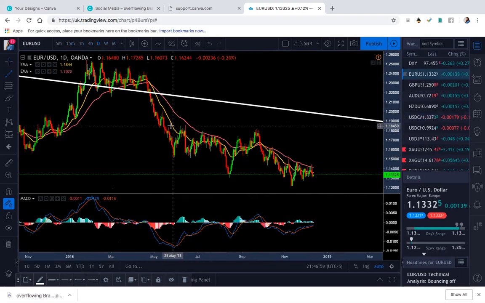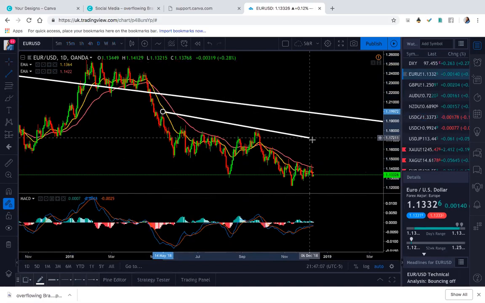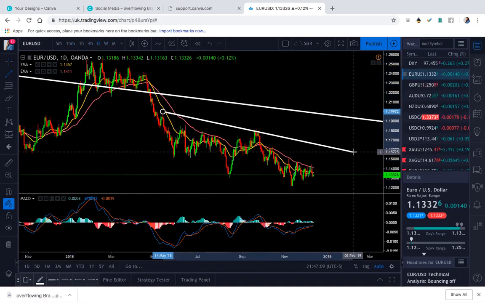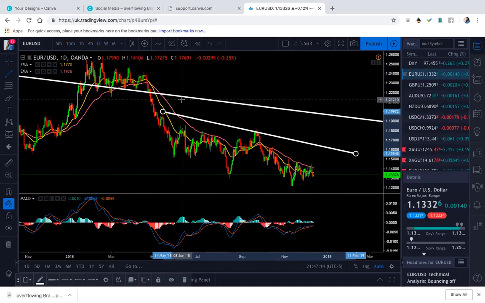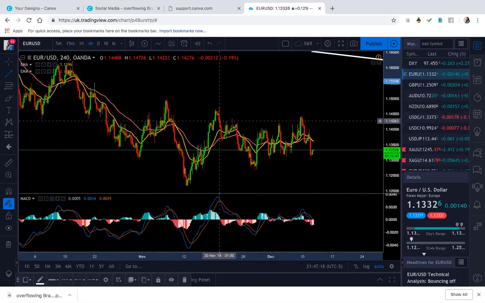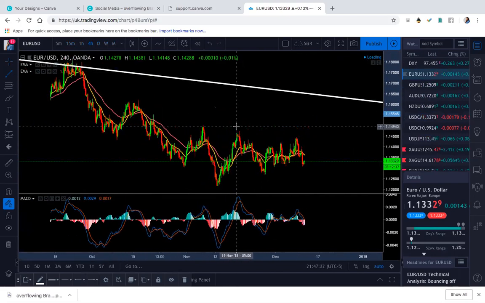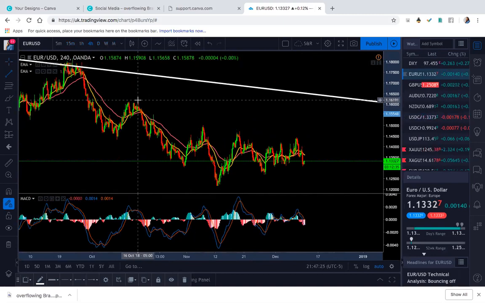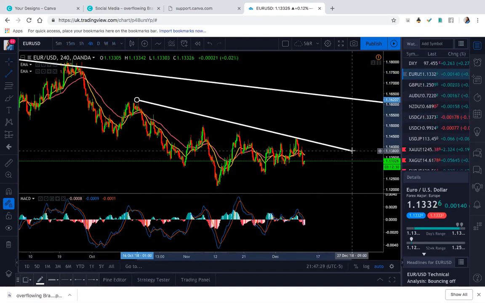Right, so in the daily now you can see a downtrend. Right, 4-hour time frame. We see the downtrend even better. So you can draw another one here. Hope you guys are following me.